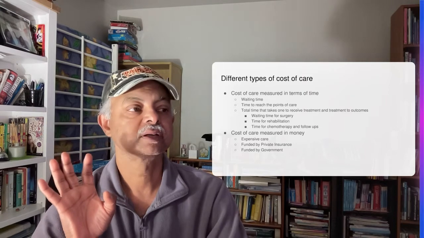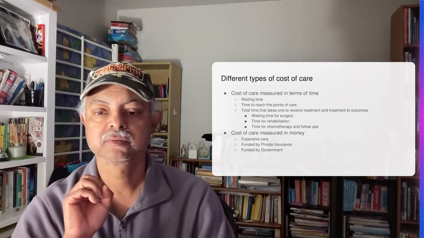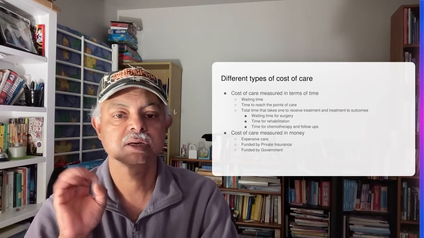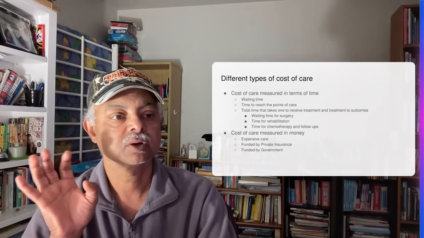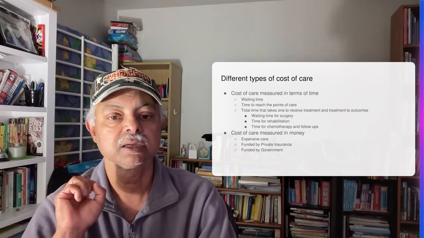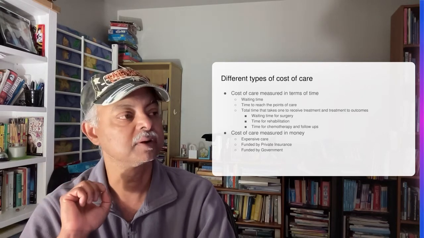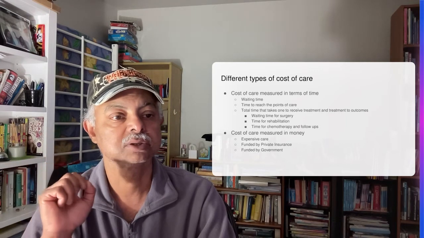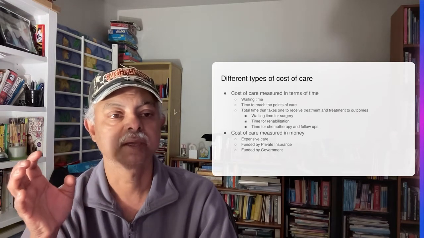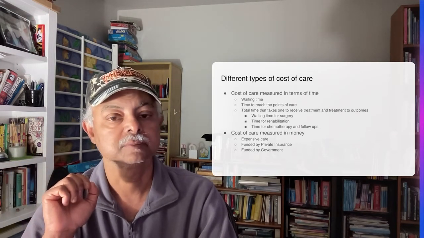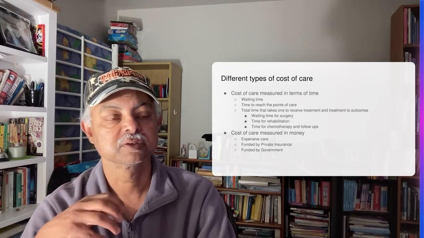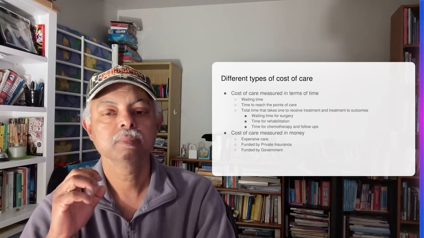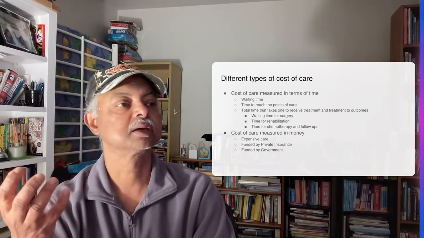Now, there are different types of cost of care. The cost of care is measured in terms of both time and money. When we talk about cost of care in terms of time, we talk about waiting time, for example, for a patient. If you are going to see your doctor, how long do you have to wait till you get to see your doctor? If there is a very long waiting time, then the cost of care goes up. How much time does it take to reach the care process?